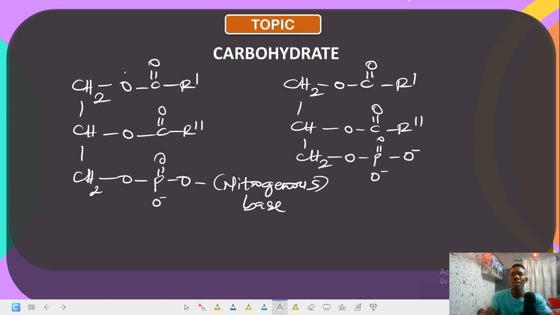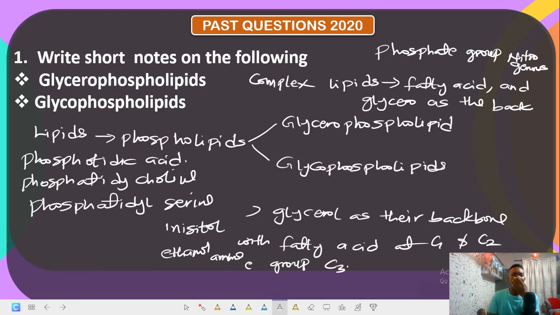This is the phosphatidic acid, the simplest of all glycerophospholipids. So please take note of this. When they ask what are glycerophospholipids, I believe you now have much to say. Examples are phosphatidic acid, phosphatidylcholine, phosphatidylserine, phosphatidylinositol, and ethanolamine.